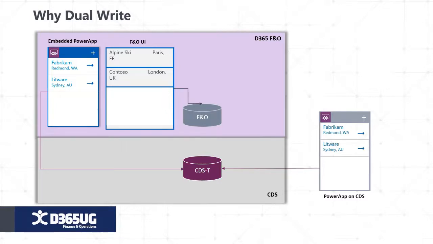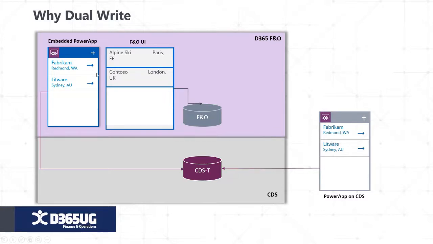Again, it is not necessarily pulling information from F&O. What I'm trying to show here is how Embedded Power Apps and Power Apps are bound to CDS, and in this case, they both share the information.